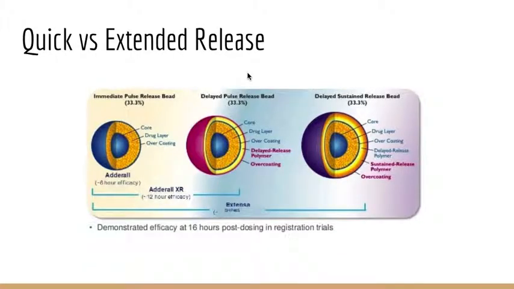So this also shows some different releases. Adderall has different types of release drugs. There's Adderall XR, which is extended release. Basically you take it and it has sort of a bolus effect. You get an initial dose, and then throughout the day it slowly releases more dosing.